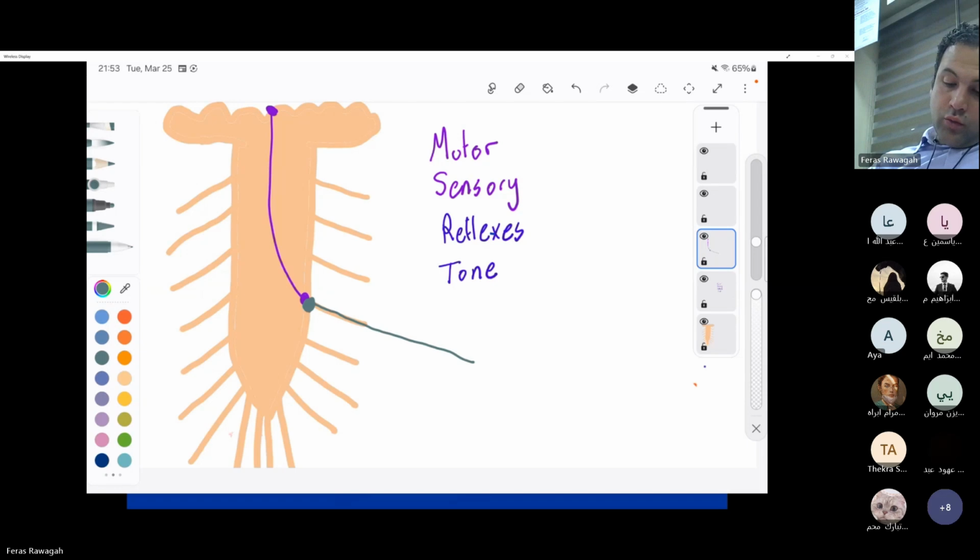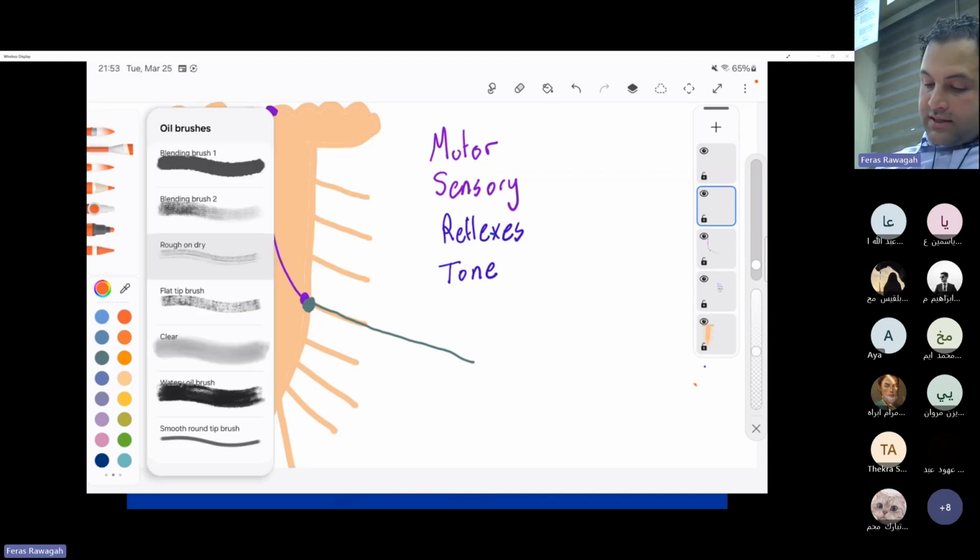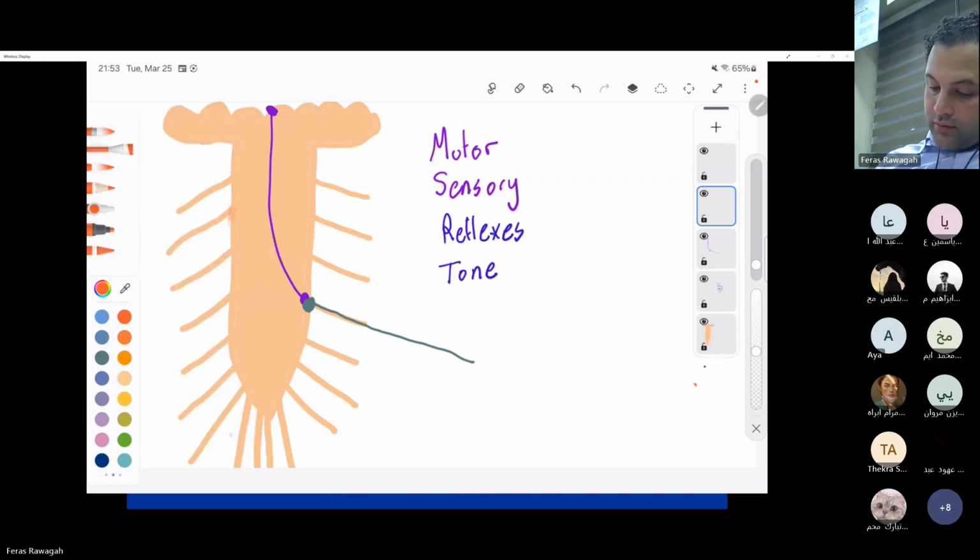Now, when the spinal cord is injured here, what is interrupted? The upper motor neuron or the lower motor neuron? The upper motor neuron.